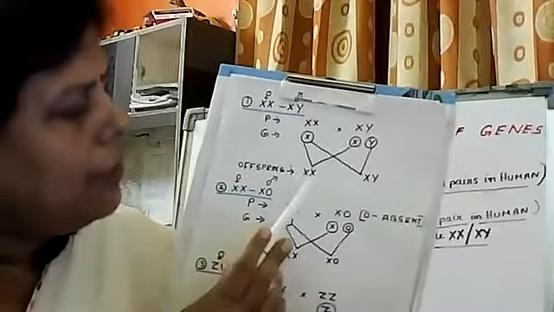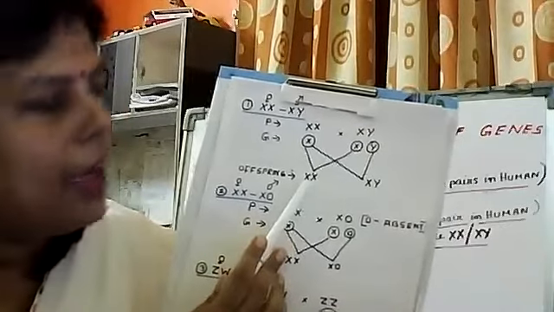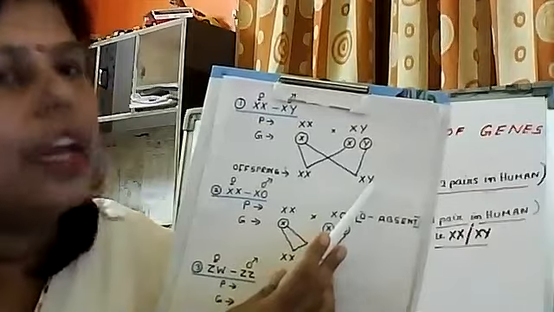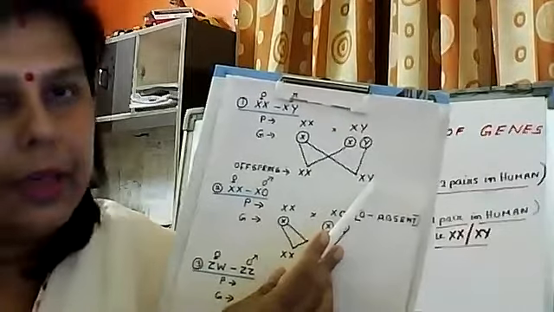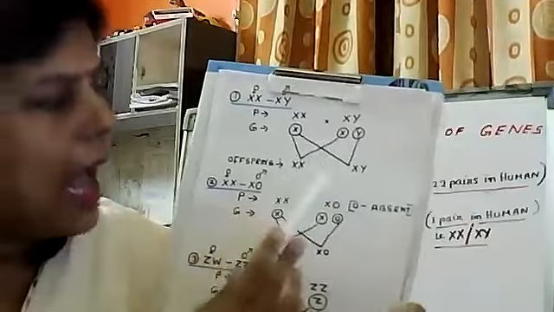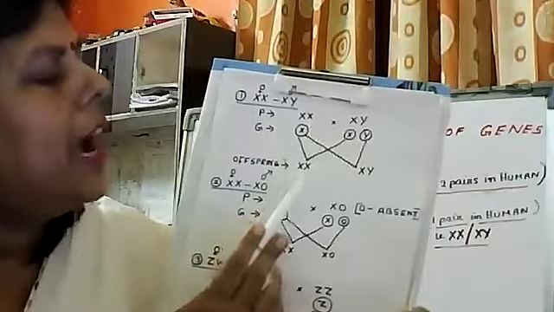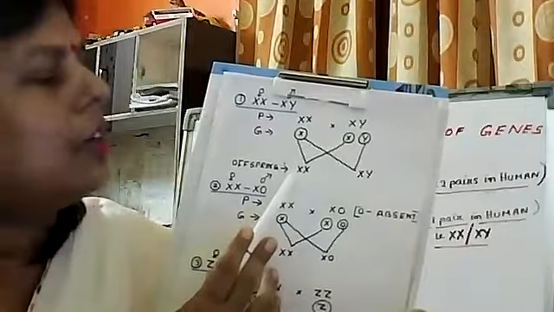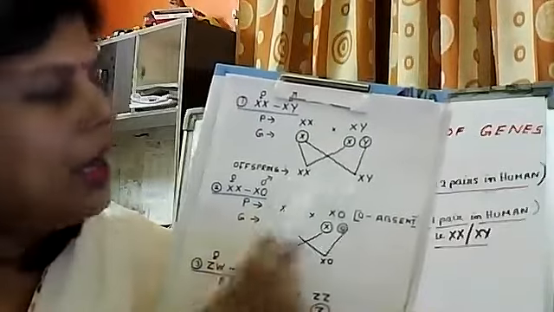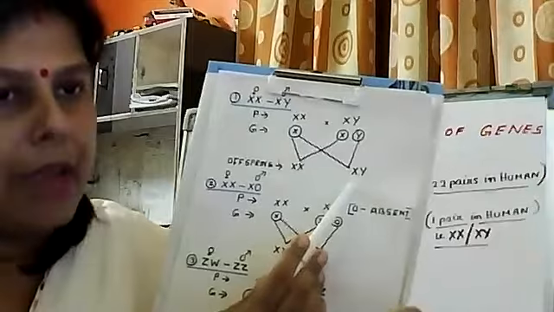If an individual has the XX combination, it will give rise to a female, and if it has XY, it will give rise to a male. So this is one type of sex determination. One more thing to remember: when they have both XX, it is said to be homogamete, and when they have two different types, it is said to be heterogamete.